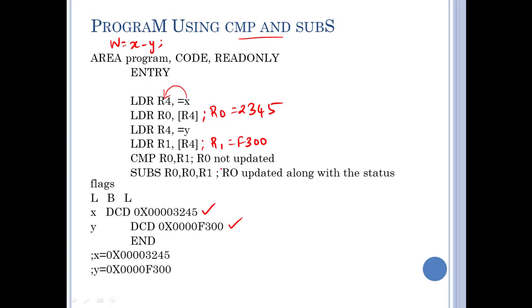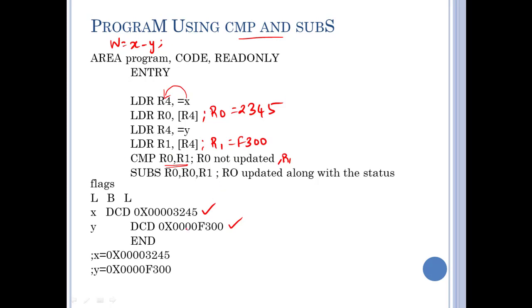Compare R0, R1, we need to use only two operands here. We are going to compare only these two values. So both R0 and R1 won't get affected. Both are not updated. It will compare.